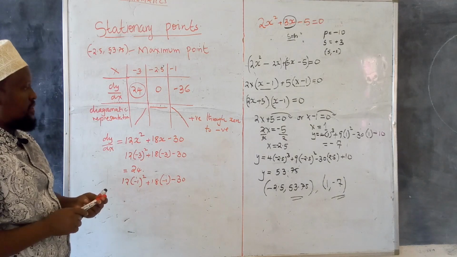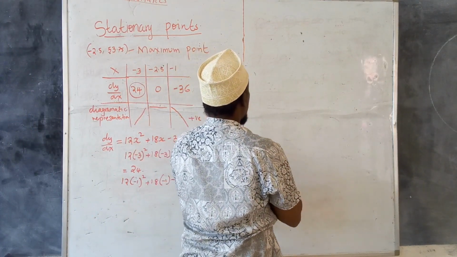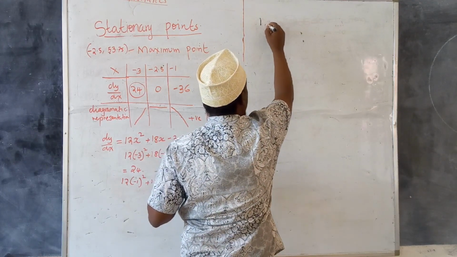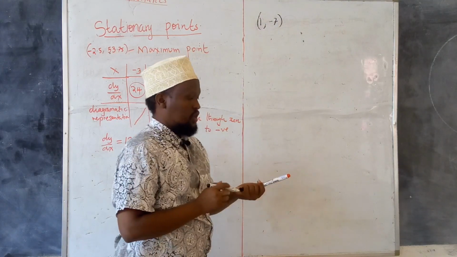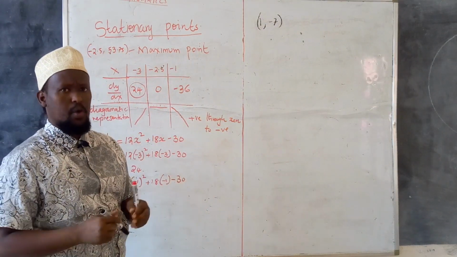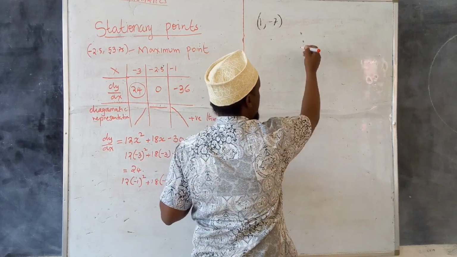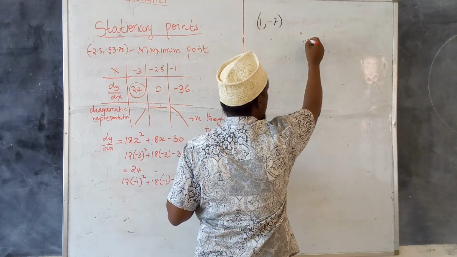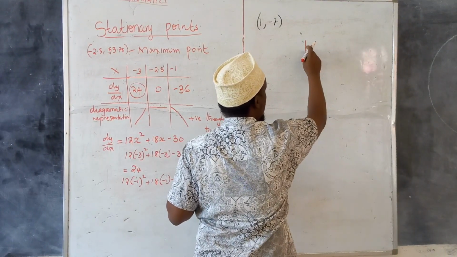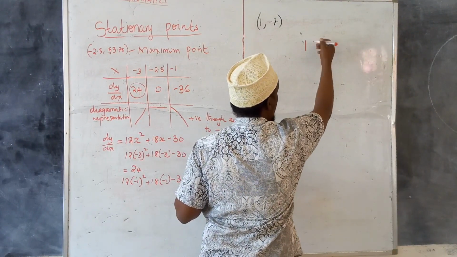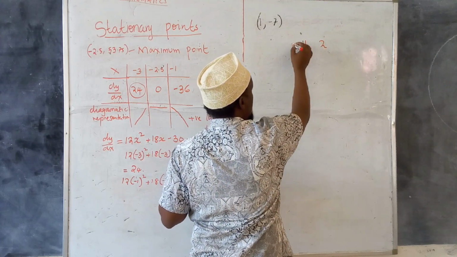Let us see how we can find the nature of the next point, the other stationary point, which is (1, -7). Let us see whether this point is also a maximum, minimum, or point of inflection. We start with the value of x of the stationary point, which is 1, and then we choose a number on the right, which is 2, and a number on the left, which is 0.